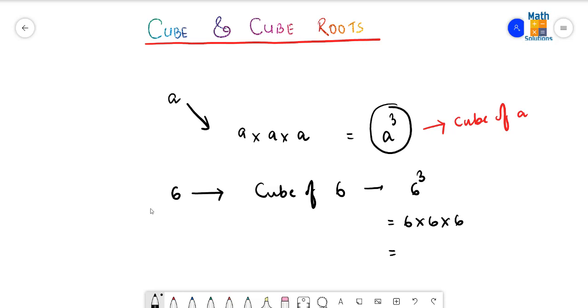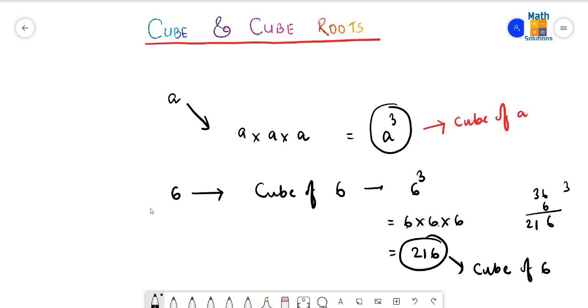The result comes as 6 6 are 36, again multiplied by 6, 6 6 are 36, 3 left, so it is 216. So this quantity is known as the cube of 6, and 6 is known as the cube root of 216.